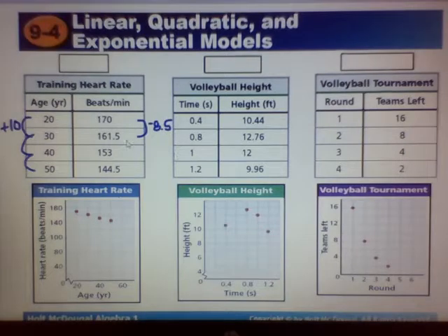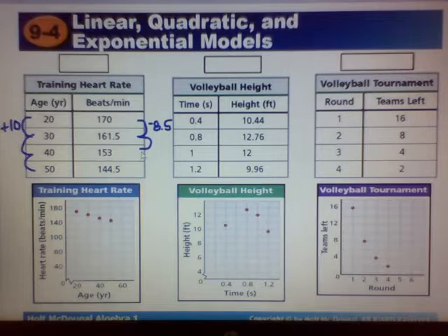Then double checking, from 161.5 subtract 8.5.